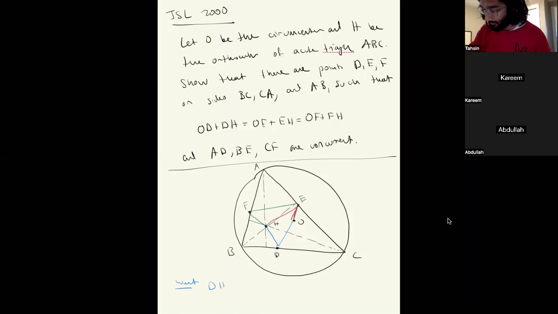It's already written here. So this is OD plus DH, this is OE plus EH, and this one is OF plus FH. Oh, sorry, I drew the wrong thing. Yeah, that's right.